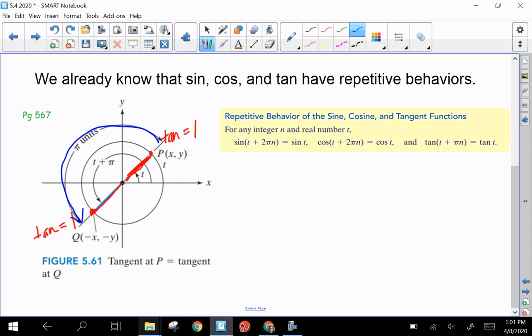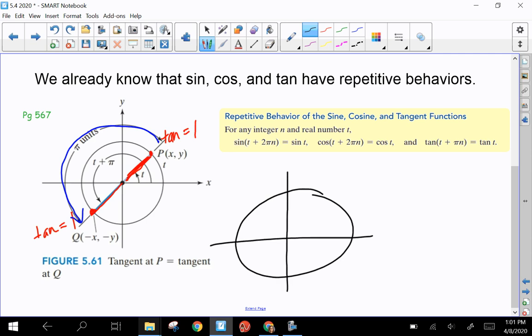I don't have a diagram similar to this for sine or cosine. And you know my awesome drawing skills, I'm not going to be able to recreate that for you. But think about how long it would take if I'm at pi over 6, where the cosine value is root 3 over 2 and the sine value is 1/2.